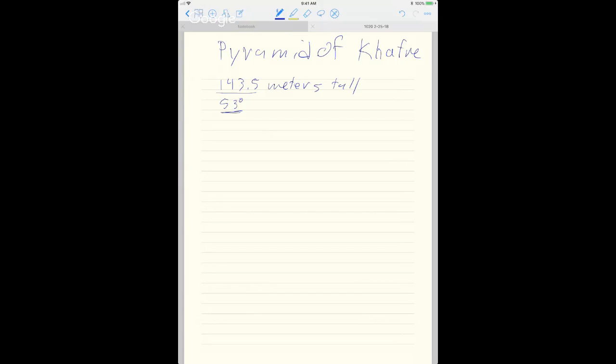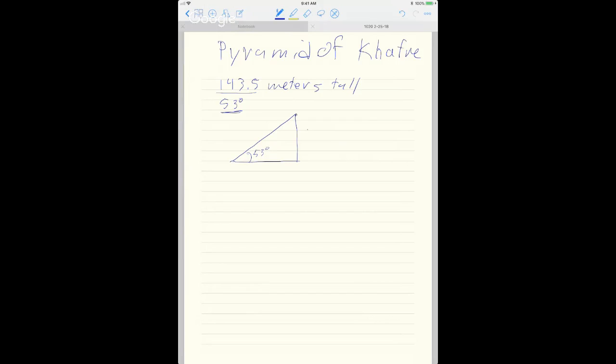Definitely imposing. Anyway, so let's draw a picture. Of course, the pyramid actually does that, but we only need half of it. So we'll solve a right triangle, and if we need the length of the base, we'll double it.